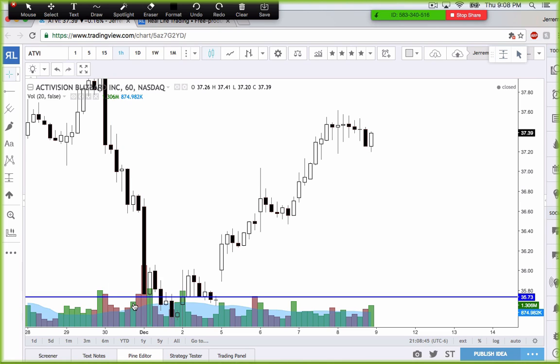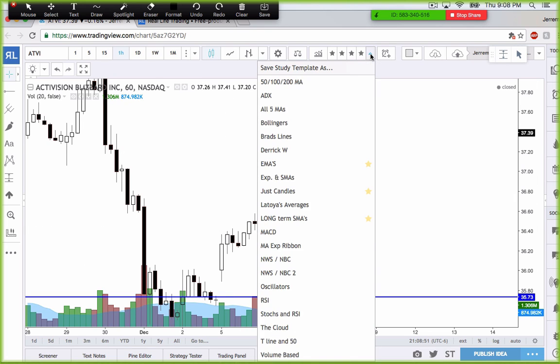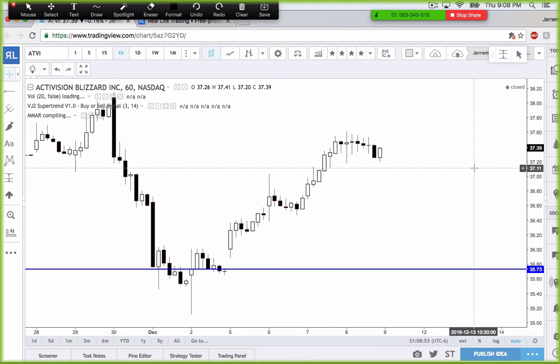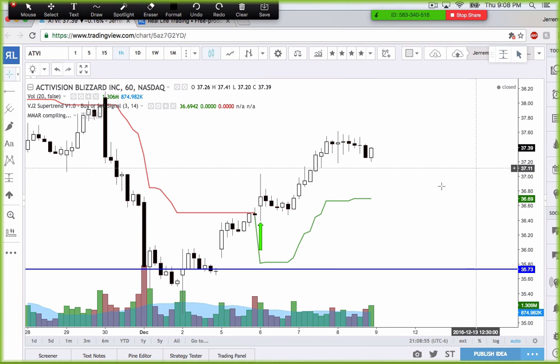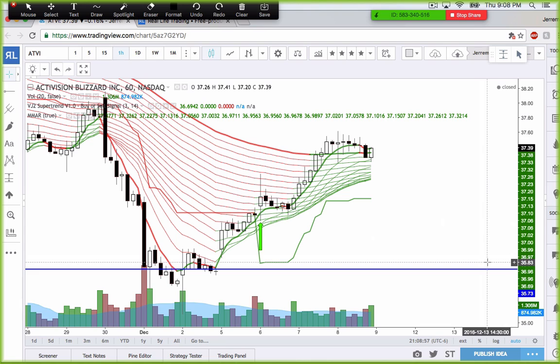You can build cool little indicators that look like this, that don't even exist anywhere unless you know how to code. Something like that gives you a little bit of an arrow that tells you when to get in bullish. If you're a true champion, maybe you can get an indicator that literally says, hey, get in bullish right here.